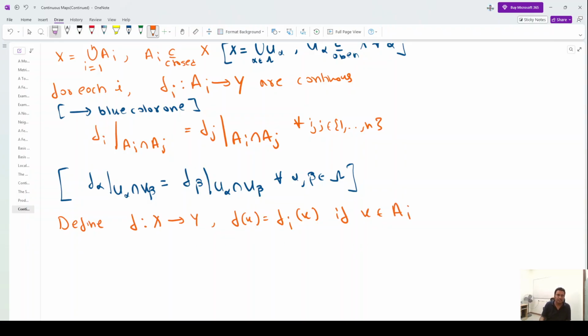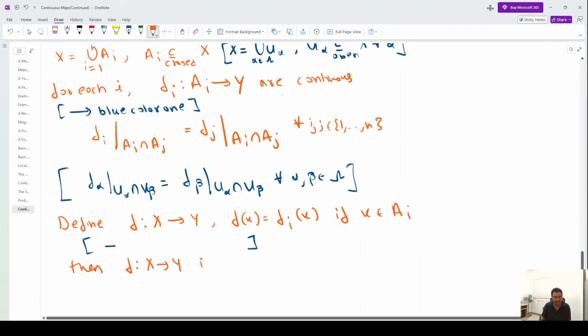And what will be the one in blue color? Can you write it? And then the claim is that f from X to Y is continuous. That's all.